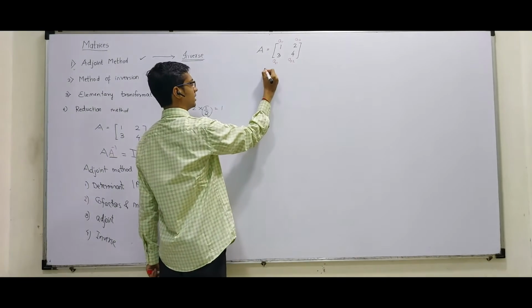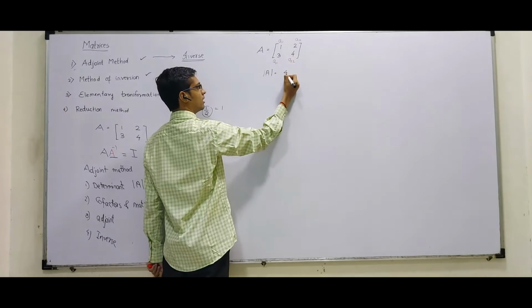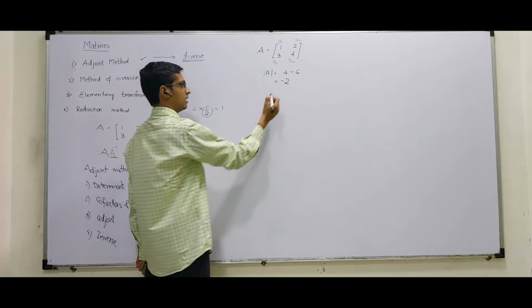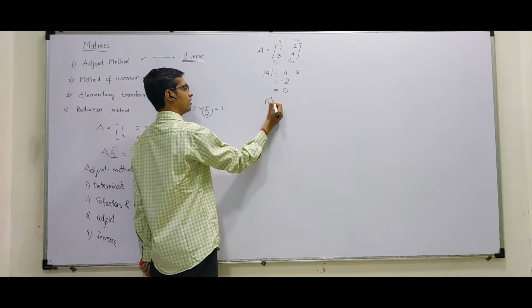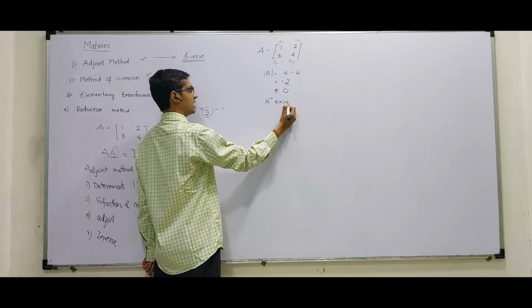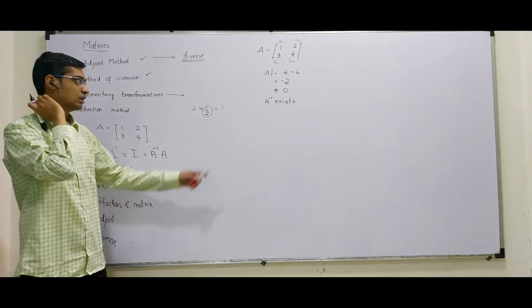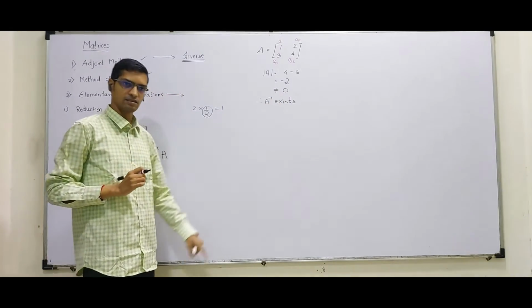Let us find the determinant. So determinant कितना आएगा? 4 minus 6, that is -2, which is not equal to 0. Therefore, A inverse exists. First, I need to check whether A inverse exists or not. Correct? So if determinant is not equal to 0, A inverse will exist.